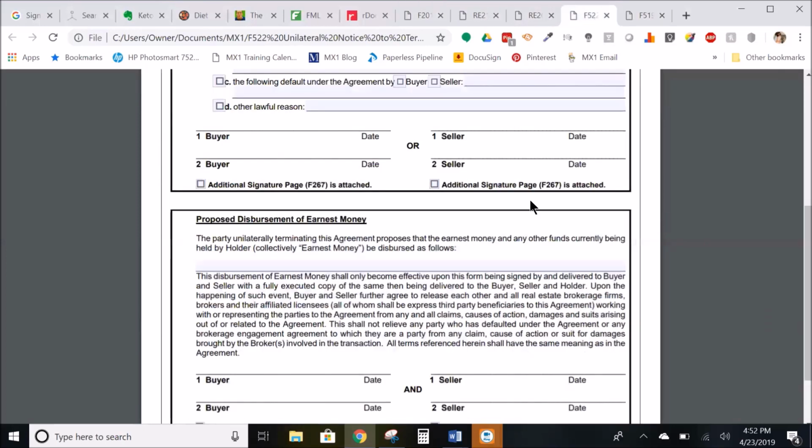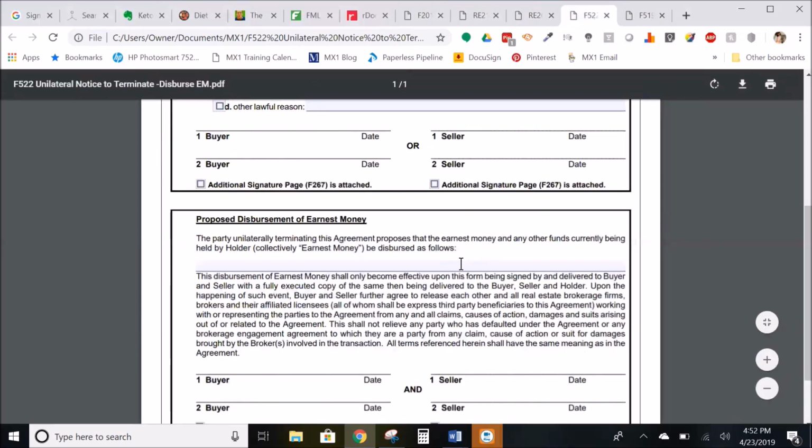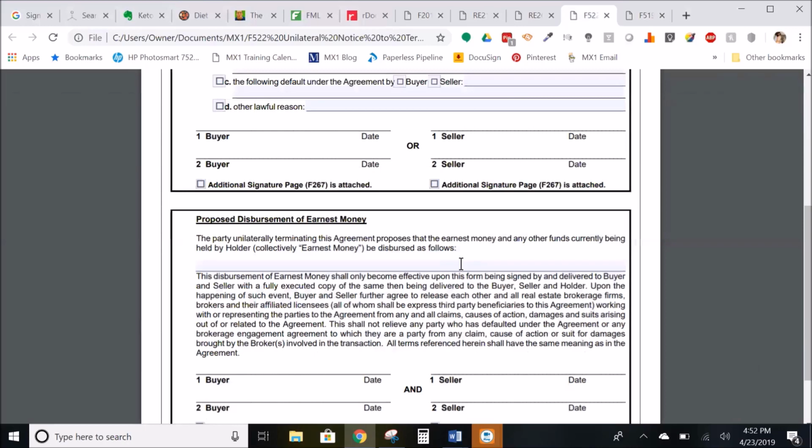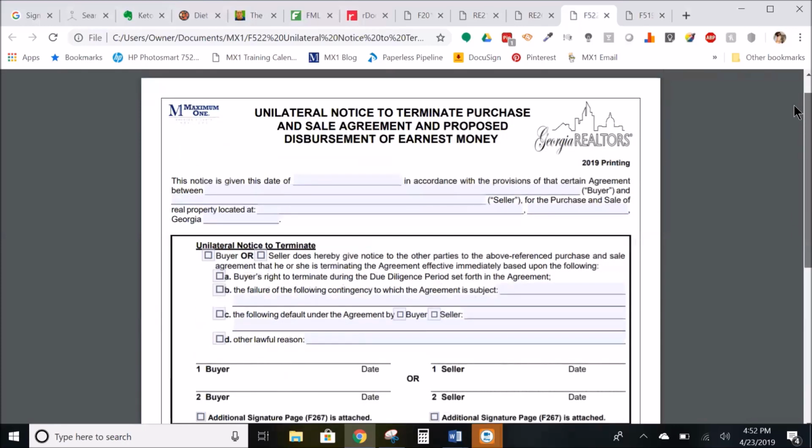So again, since it's addressed in the creation of a contract, you must also address it in the termination of a contract, regardless of the buyer's obligation to have even remitted the trust funds prior to the time they are actually terminating the contract.